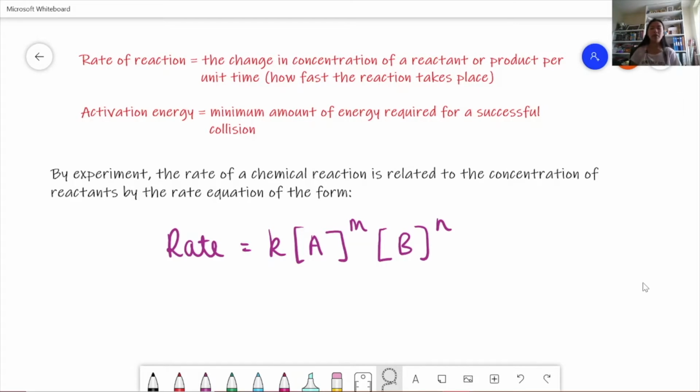So by experiment, the rate of a chemical reaction is related to the concentration of reactants by the rate equation of the form rate equals k times the concentration of A to the power of m multiplied by the concentration of B to the power of n. So this rate equation is for a chemical equation of the form xA plus yB goes to form the products.